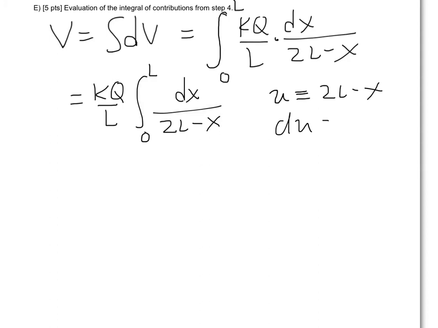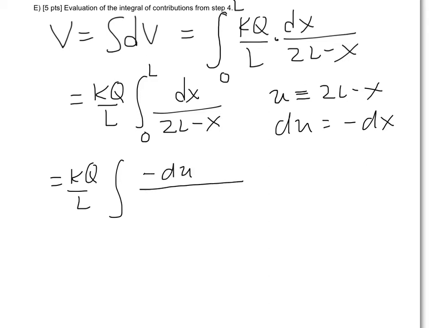Then du is, of course, minus dx. But then the limits change here. So kq over L, let's just put that in. So there's a minus du, and then solving for x, you basically get u in the denominator.